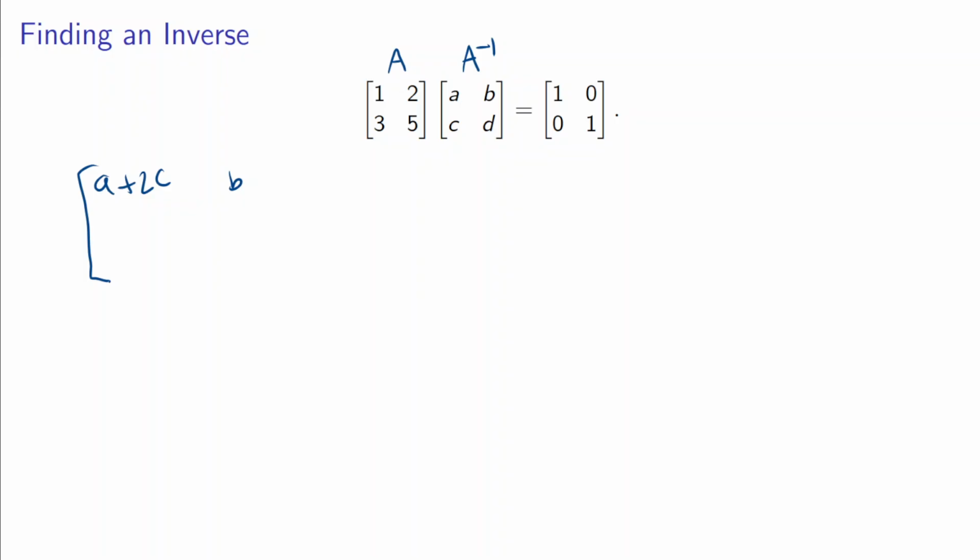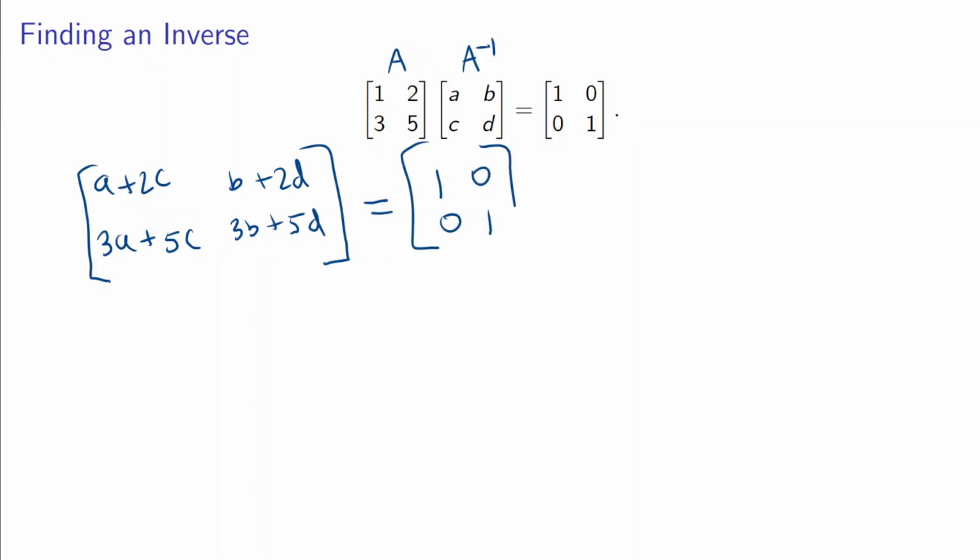So that's a plus 2c, and then b plus 2d, 3a plus 5c, and 3b plus 5d. And that supposedly should equal the identity 1, 0, 0, 1.